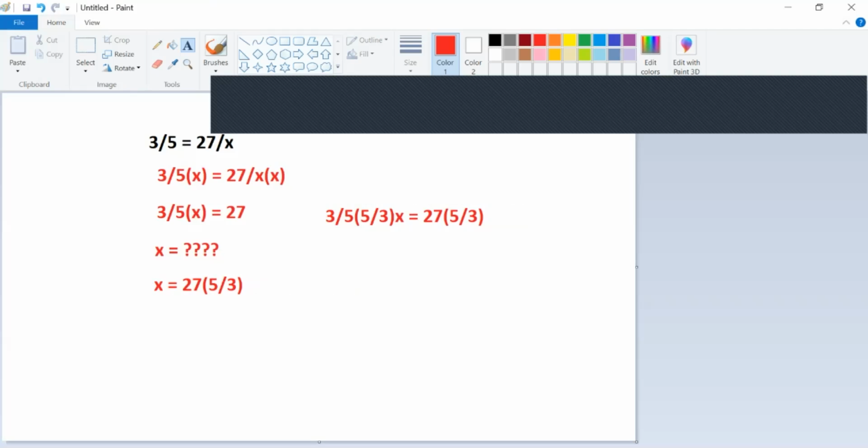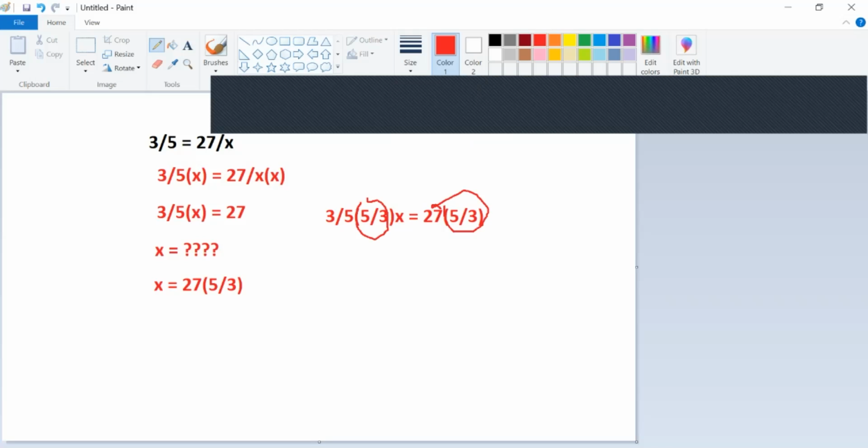See that? What I did is put this on both sides.